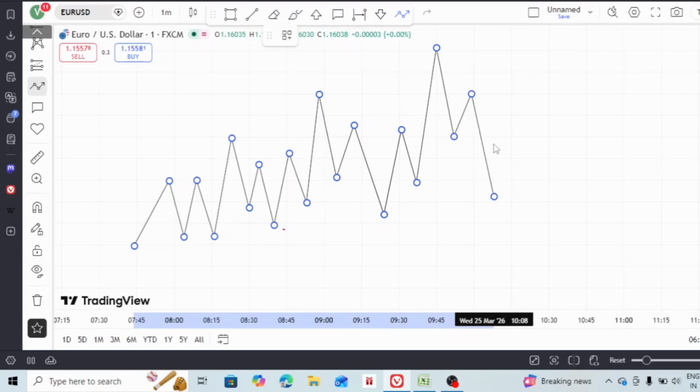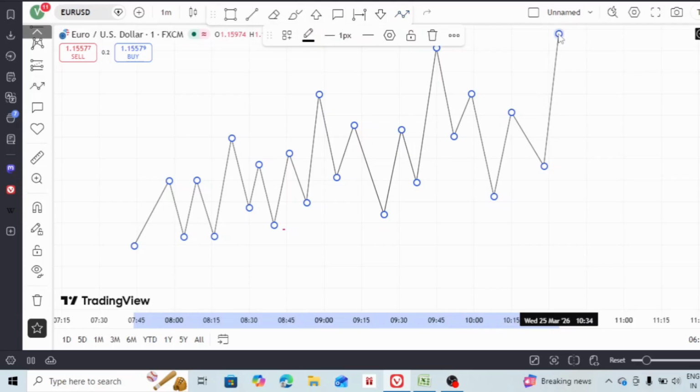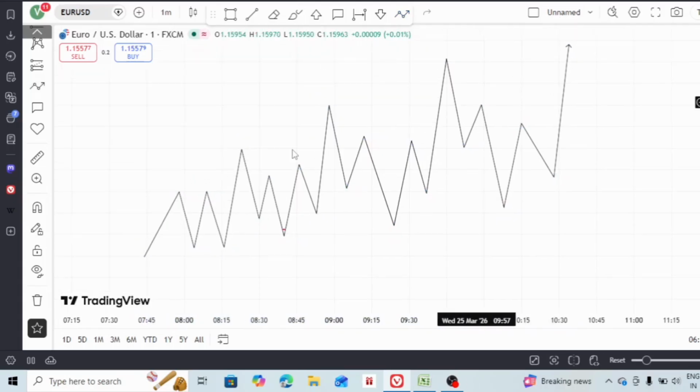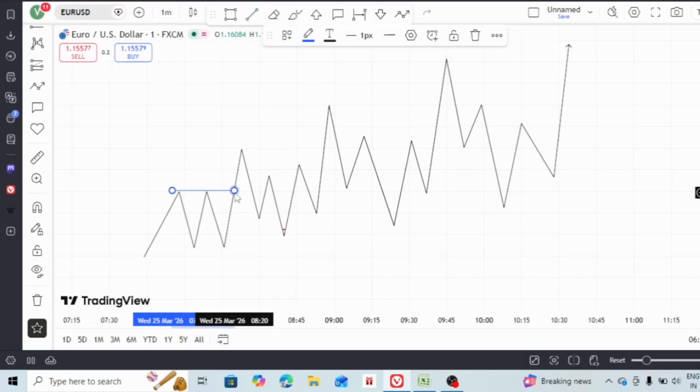In the real market, the market looks like this. Here, let's assume that this is the higher high.